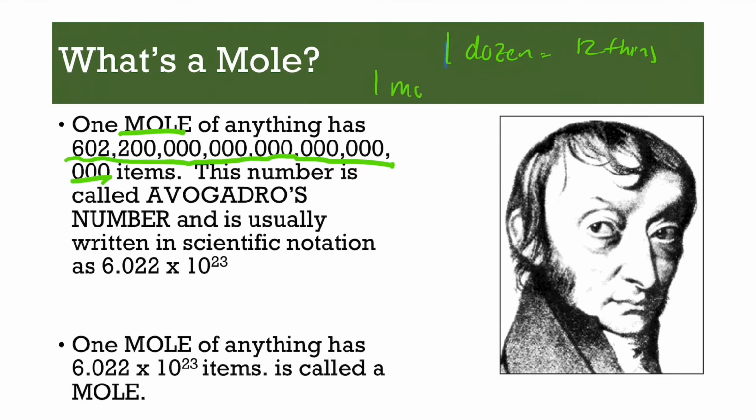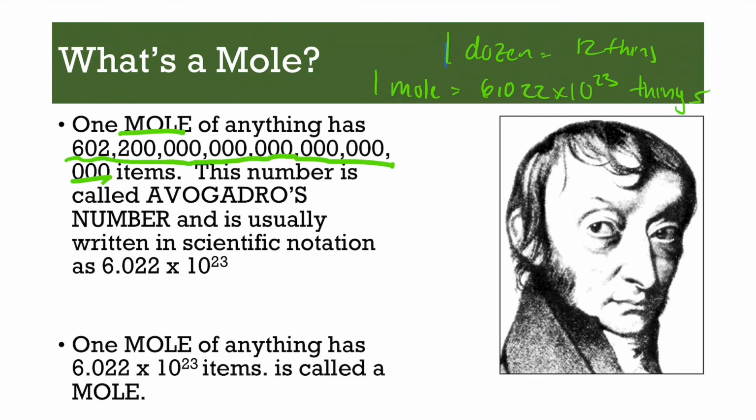So he said 1 mole is 6.022 times 10 to the 23 things. So if you had that many things, you'd have 1 mole of that thing. And so that is what a mole is. A mole is that number of things.